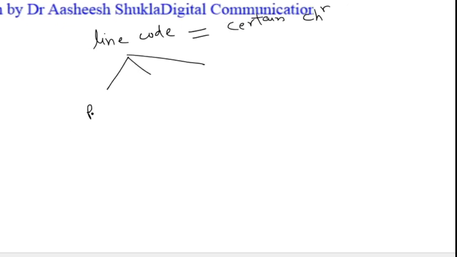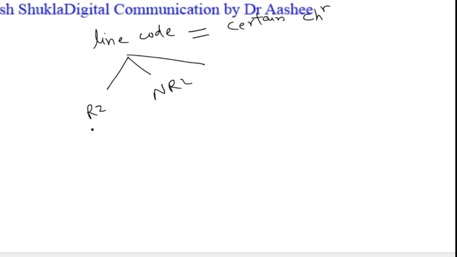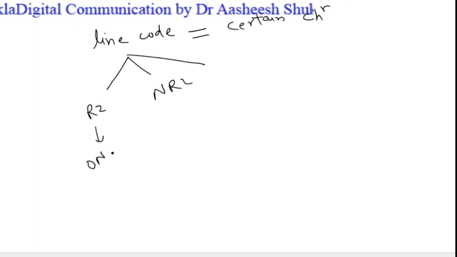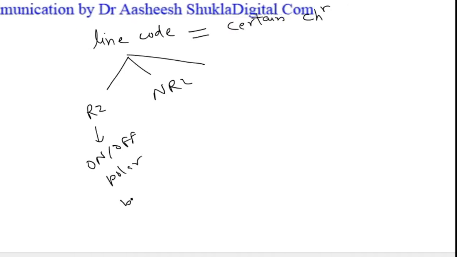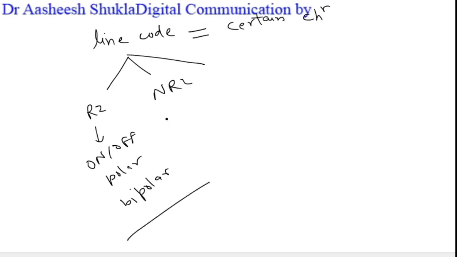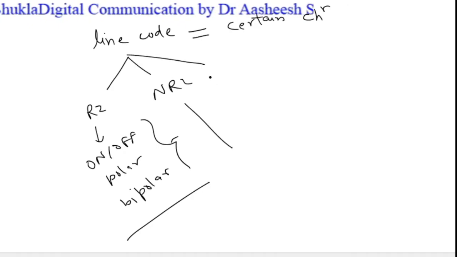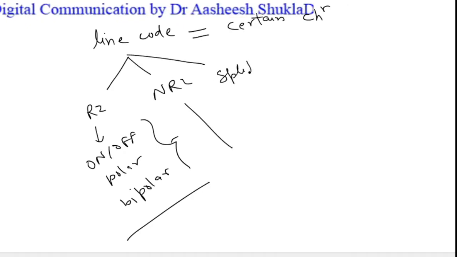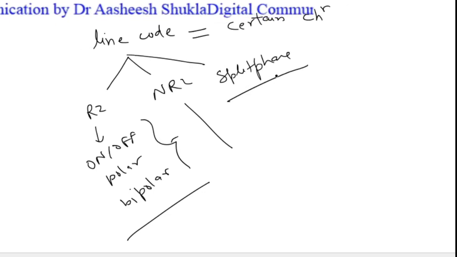We have the RZ category and the NRZ category, and in the RZ category we have on-off, polar, or bipolar, any type of code. Similarly, all these codes are possible in the NRZ category also, and then we have one more category known as split phase codes.